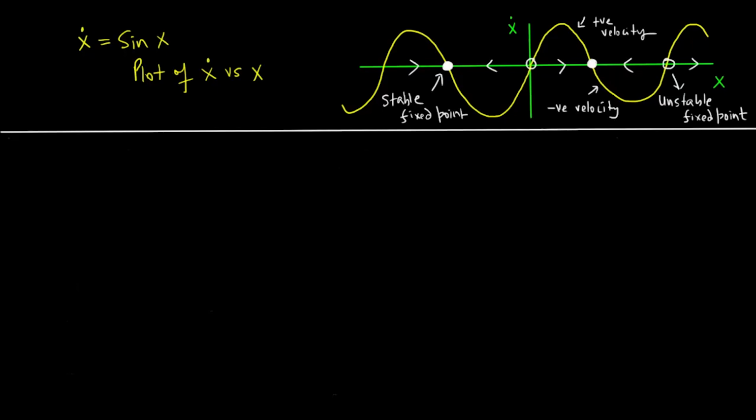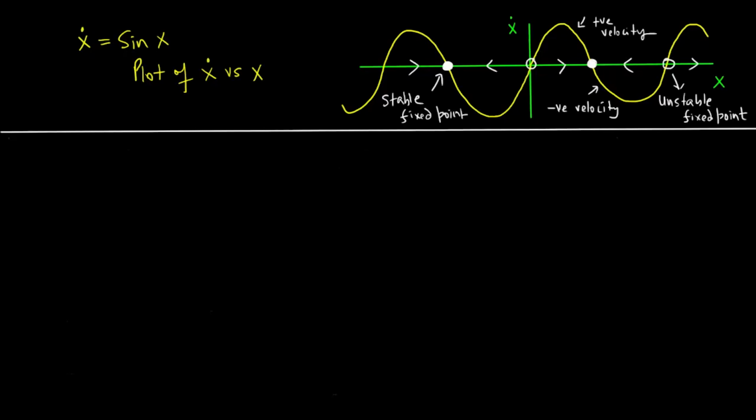Now let's consider this equation x dot is equal to sine x. Now recall that from the geometric view of thinking, essentially what we said was that when you have an equation of the form x dot is equal to f of x, then what we should first do is just plot x dot versus x.